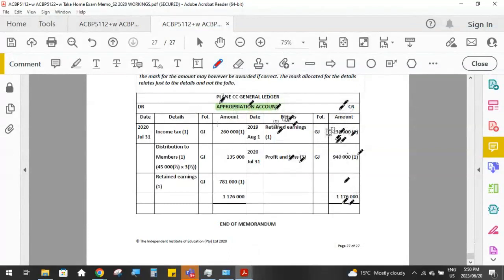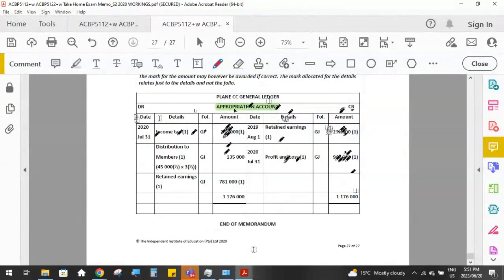Then when it comes to a CC's appropriation account, we always, the first thing that we pay out of the profits is the tax. We can't distribute any money to any members if the tax has not been paid. So we are going to debit the appropriations account with the 260,000 and credit the income tax expense account.